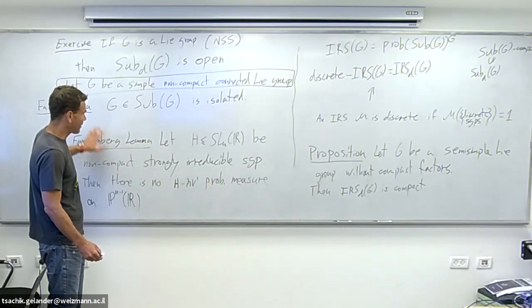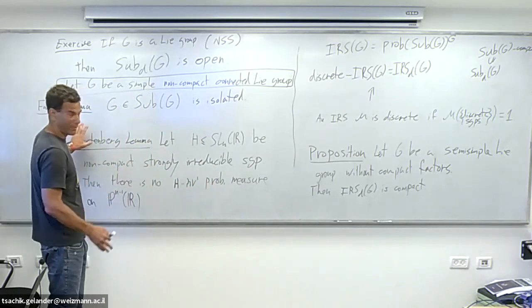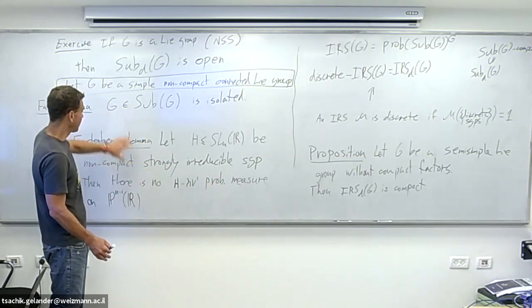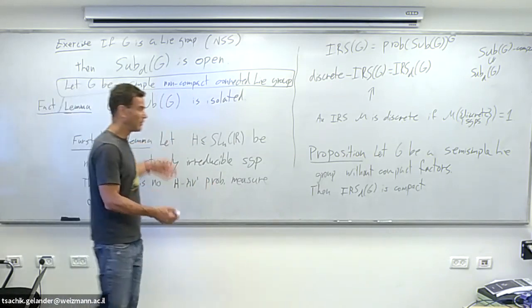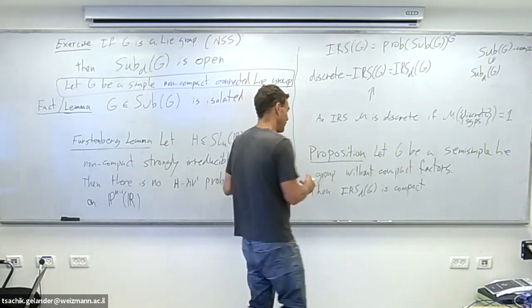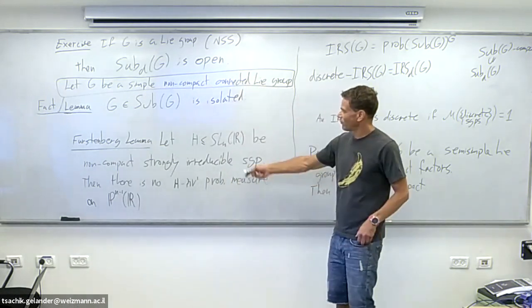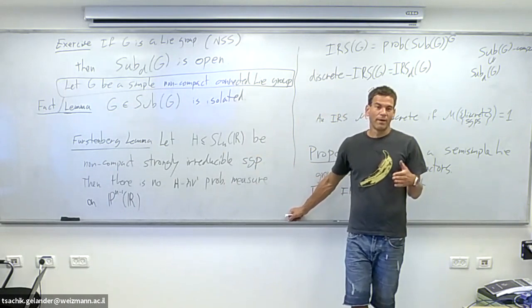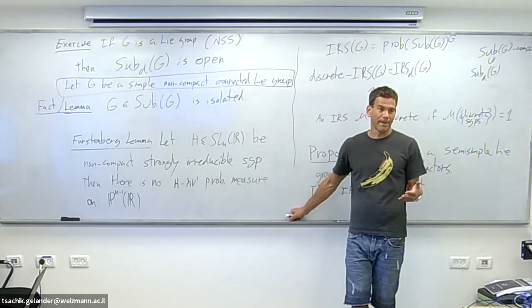I wanted to say something. You can choose a different way to formulate the lemma. That's one formulation which is sufficiently good for us. Later we will apply it. What is strongly irreducible? Irreducible means that there is no proper non-trivial subspace which is invariant.